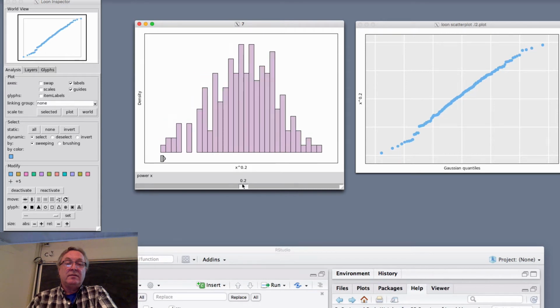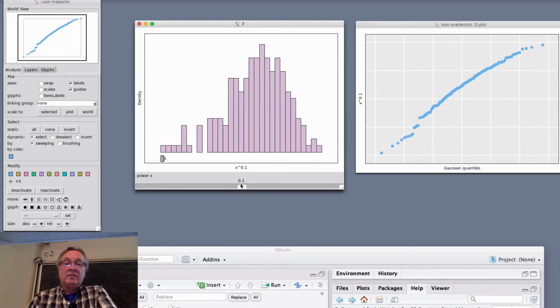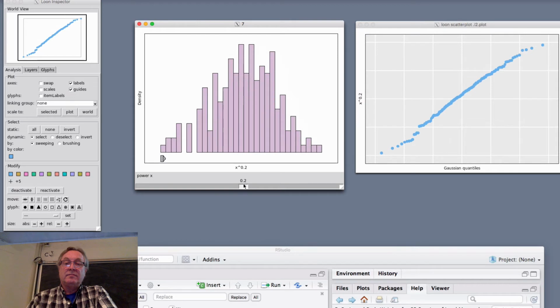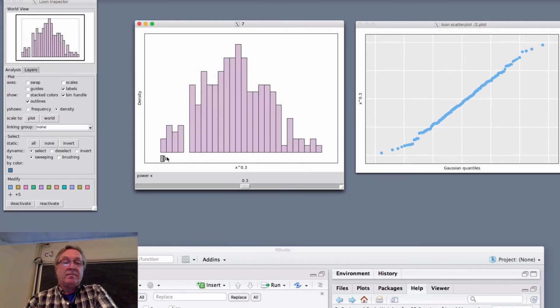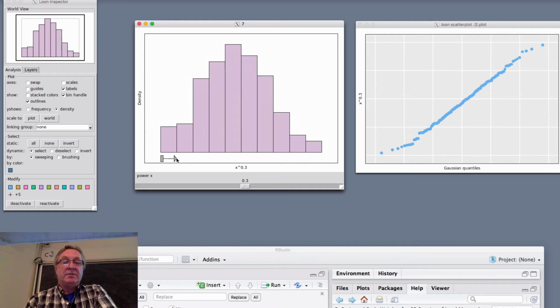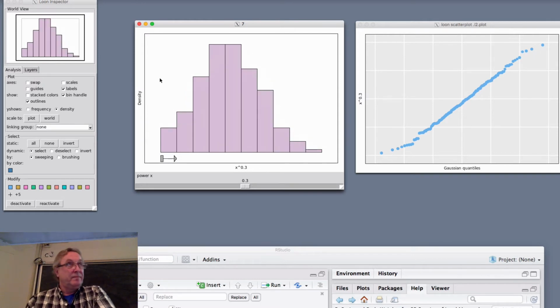And there's a range of values for which that Q plot looks like it could be Gaussian. Might look better if I make these bins wider.